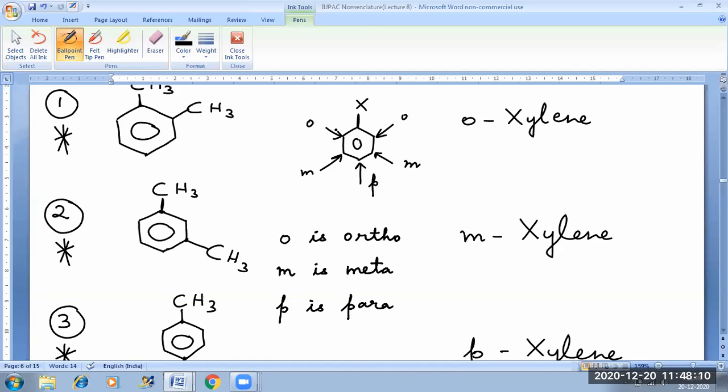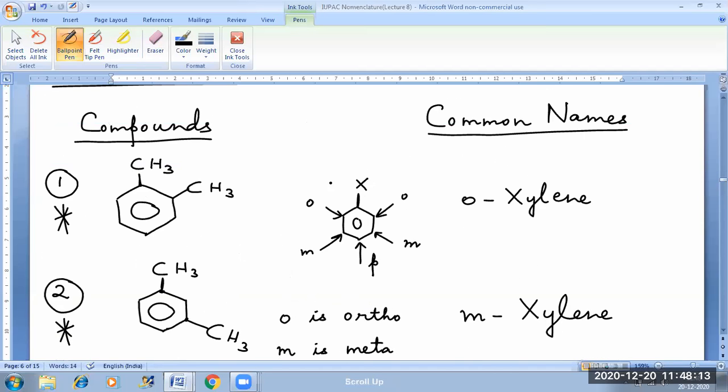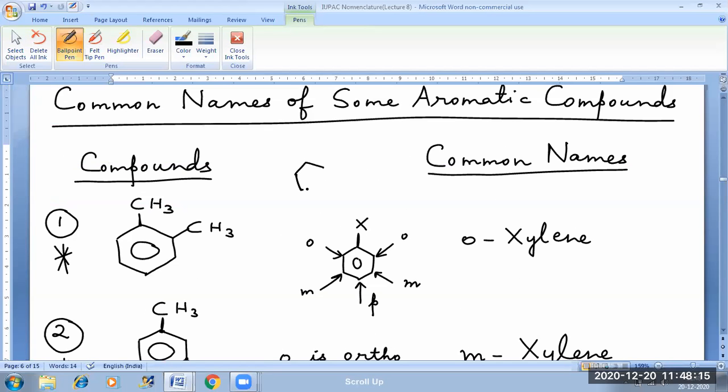Now see, if I have a compound containing an aromatic benzene ring, and let's say here I have something like this. Something is attached. It can be anything. Now, if at this position I have another group attached, that means I can say that the two groups are attached at adjacent carbon atoms. They are exactly one after the other. They are consecutive carbon atoms containing the two groups.